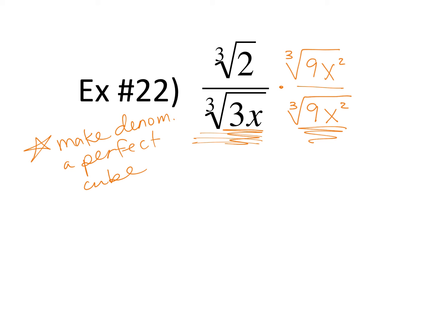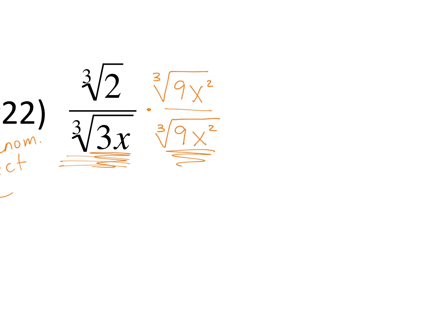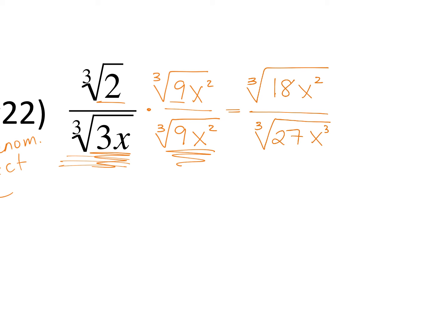Okay, multiply across. We get the cube root of 2 times 9 is 18, x squared on top. On bottom, it's the cube root of 27 x to the third.